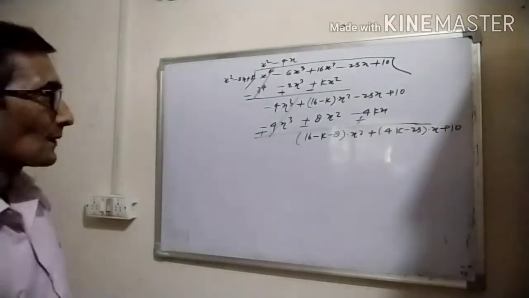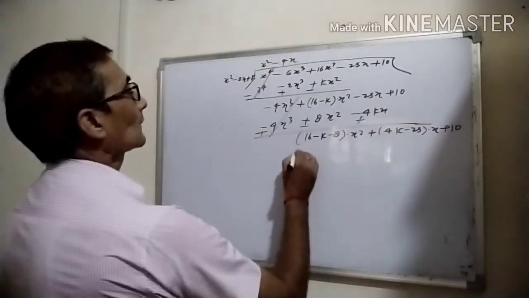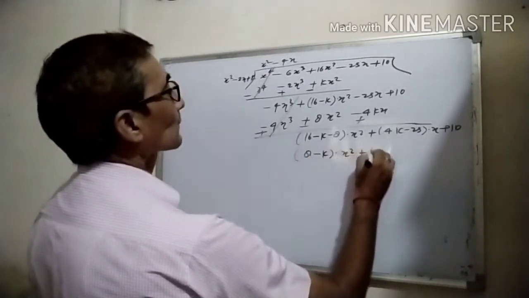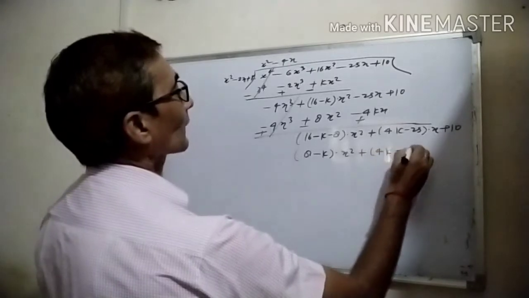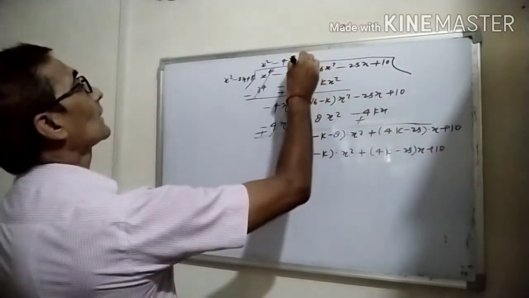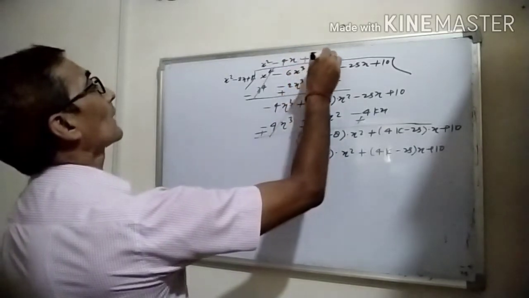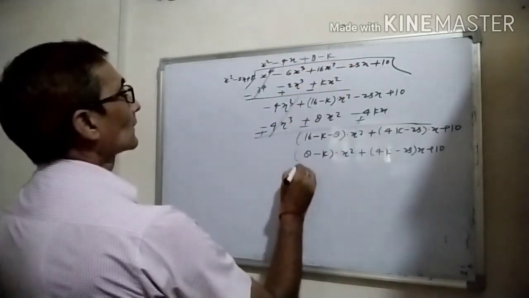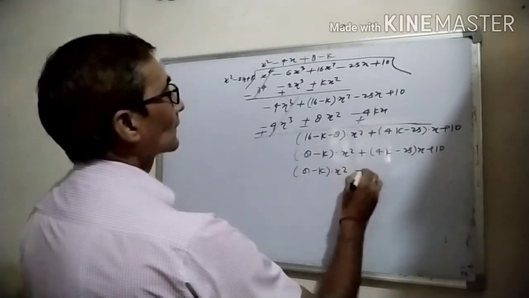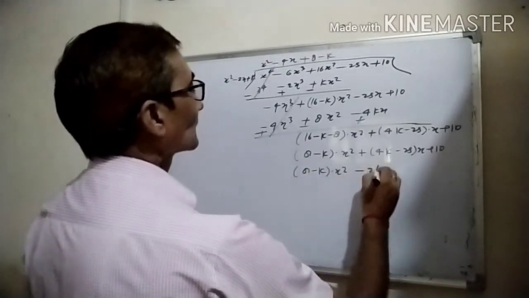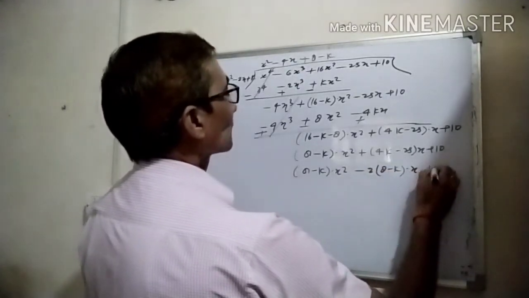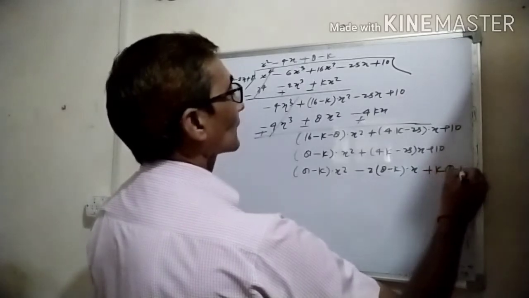Right? This can be written as (8 minus k) into x square plus (4k minus 25) into x plus 10. And after that taking 8 minus k. Now (8 minus k) into x square minus 2(8 minus k) into x plus k into (8 minus k).